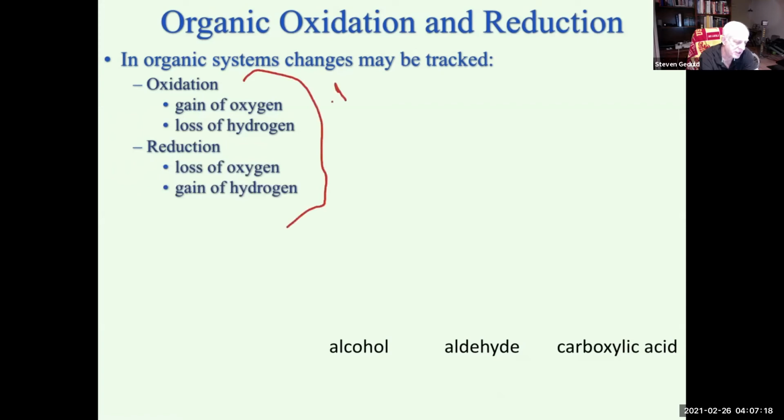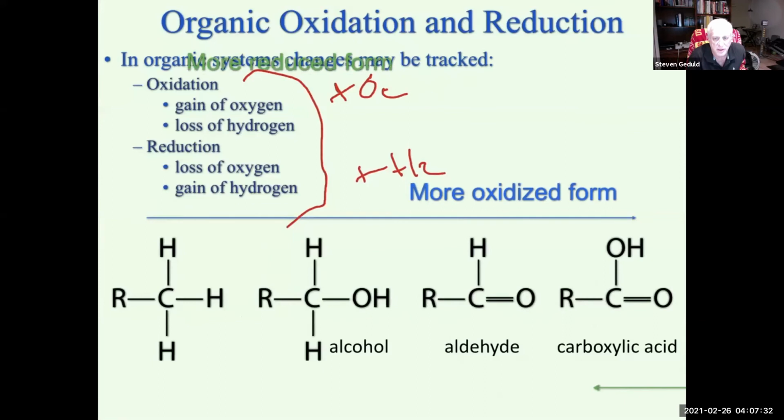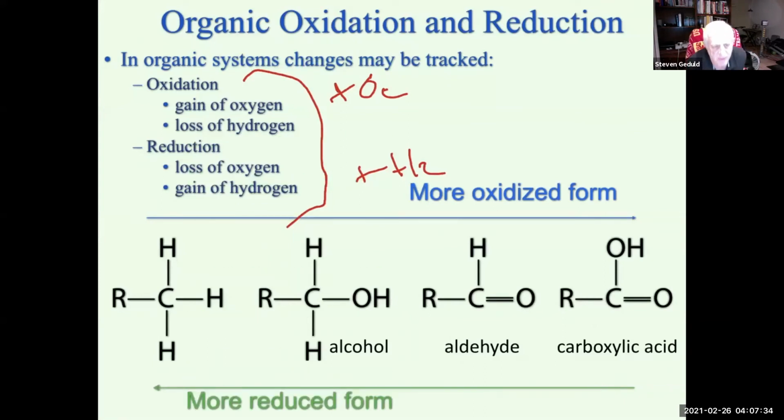Okay, oxidation is plus O2, reduction is plus H2. Oxidation can also be the loss of hydrogen. Reduction can also be the loss of oxygen. Oxygen and hydrogen work together, and that's how we track it down. Okay, this is how we look at things. This is how we determine oxidation reduction in organic organisms.